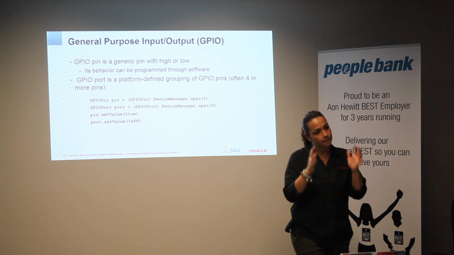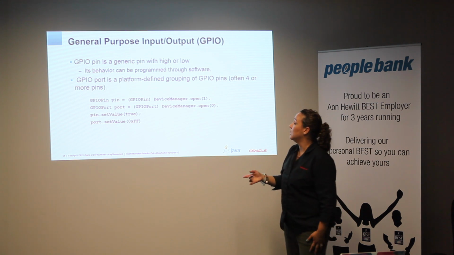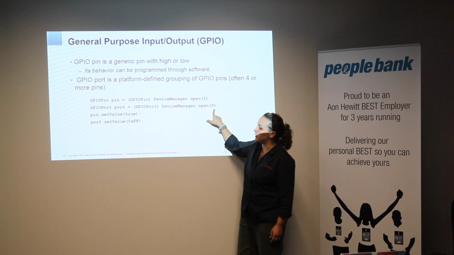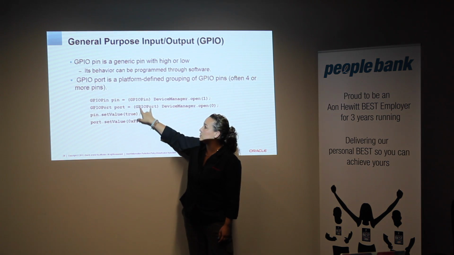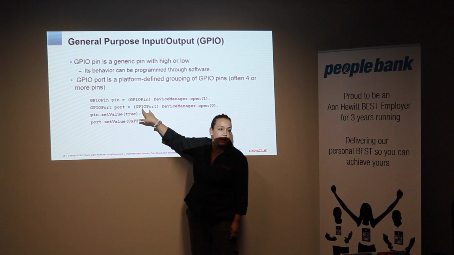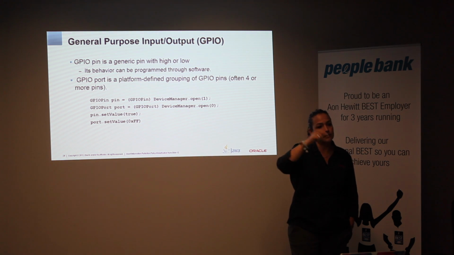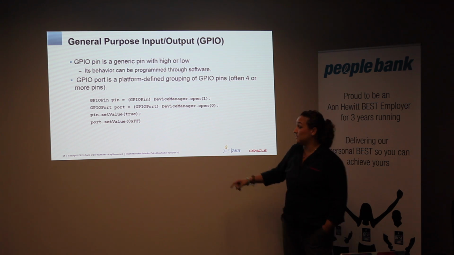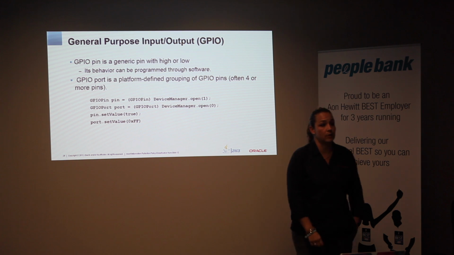Again, this depends on the platform that you're using, so just look at the documentation. If you're using a port, you open and provide the port number. For 8, you actually do not need to specify this casting. We have generics now, so type inference is given for JavaME. And again, setting the value is the same. Just set the value for all the pins in that particular port.